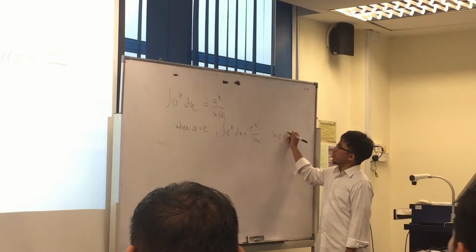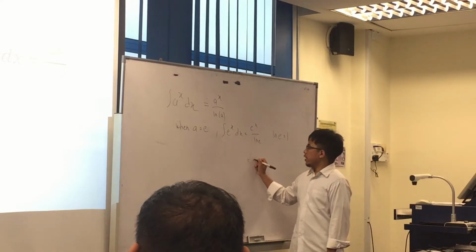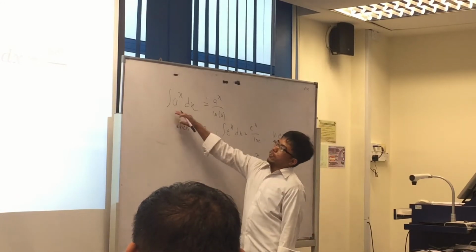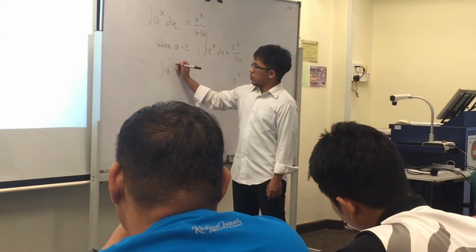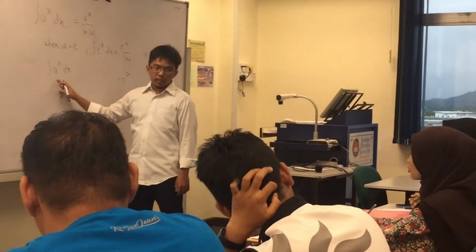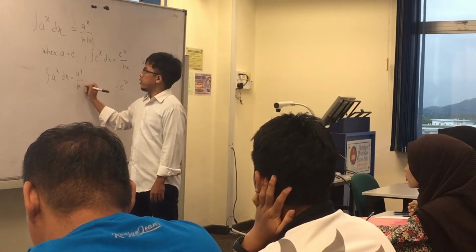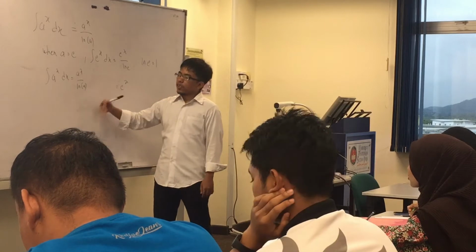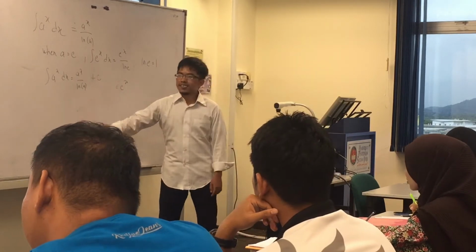So e to the power of x over 1 becomes e to the power of x. Based on this question, when we want to use this part, we will get a to the power of x over ln a, plus c. Can you understand it? Alright.